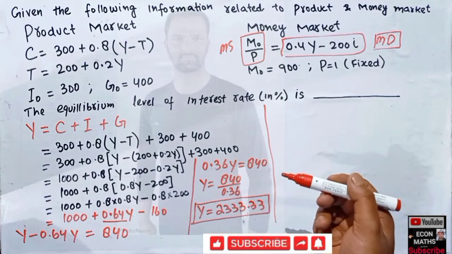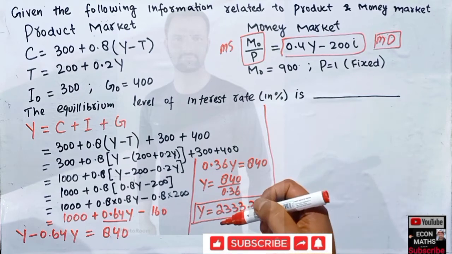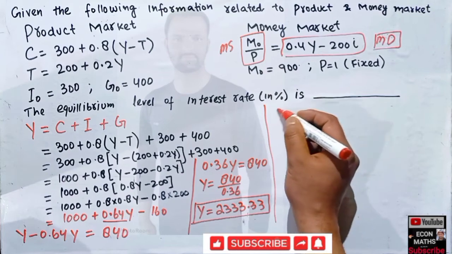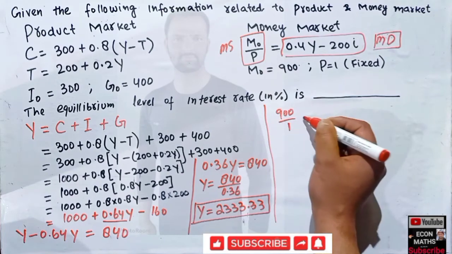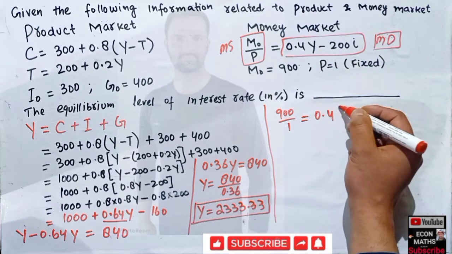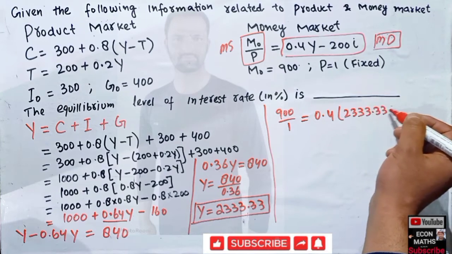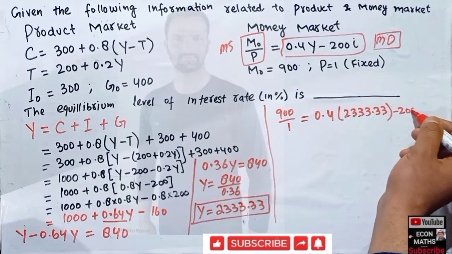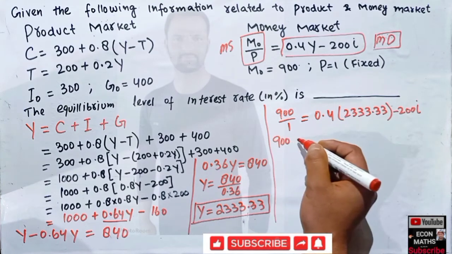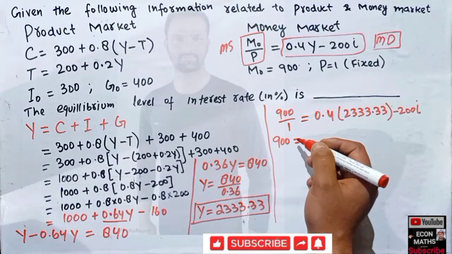So we equate these two and insert the value of the equilibrium level of income. M naught upon P is 900 upon 1, so I can write 900 upon 1 is equal to 0.4 times the equilibrium level of y, which we got here, 2333.33, minus 200i.